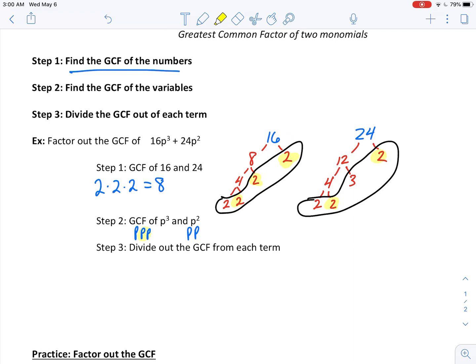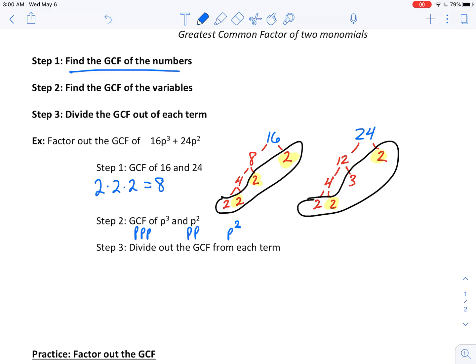Well, this one has 2, and this one has 2. So they only have 2 that are in common. So the GCF of p to the third and p squared is p squared. A quick way to do this is look at the smaller exponent. That's always going to be your GCF for the variables.